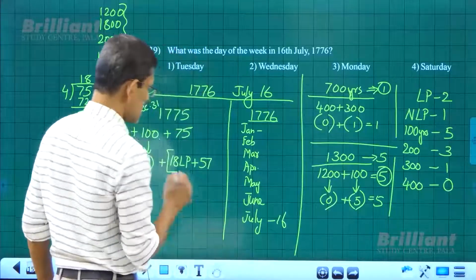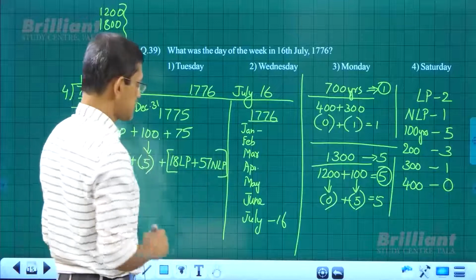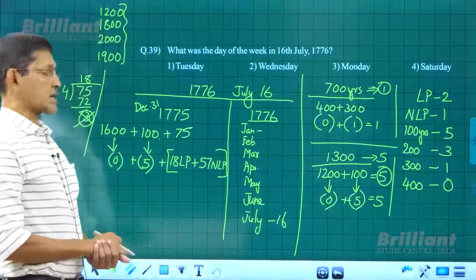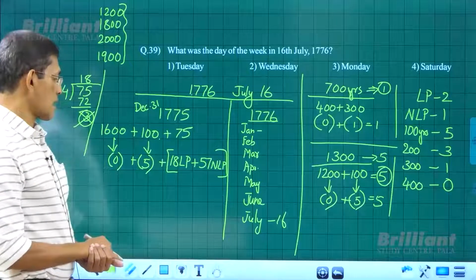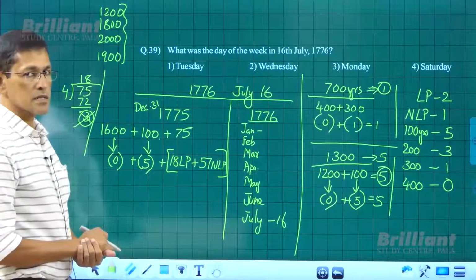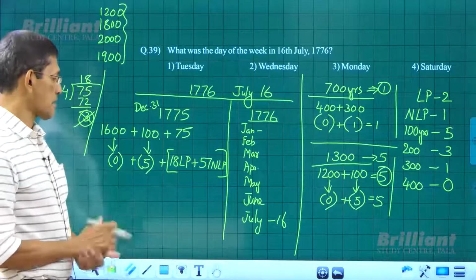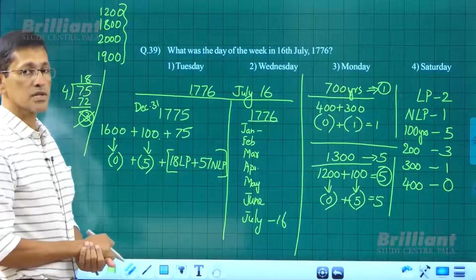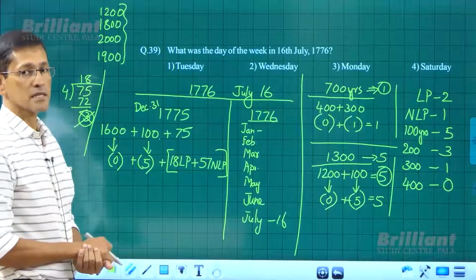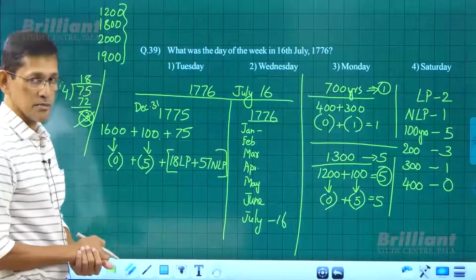These 18 are leap years, so 57 non-leap years. Let's check that: 57 plus 10 is 67, 67 plus 8 is 75, perfectly fine. So 18 leap years and 57 non-leap years.